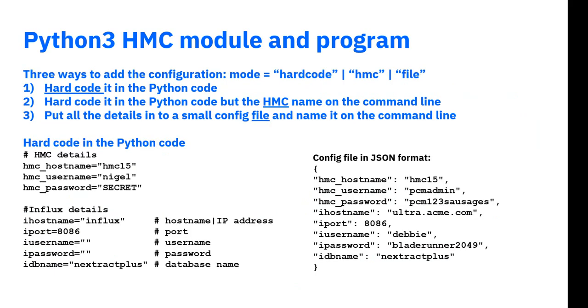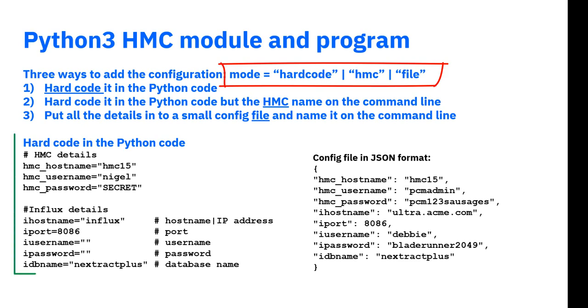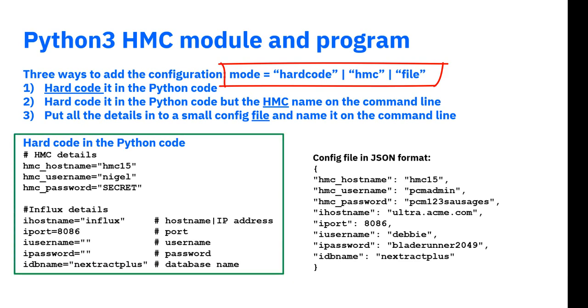When you get the program, we have to set some configuration information. You can see that at the bottom here: how to log on to your HMC and how to log into the InfluxDB. You can either hard code it in the Python, you just look at the first dozen lines and you'll find lines like we have on the left in here, and you put the mode into hard code.